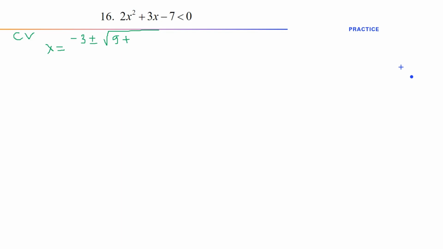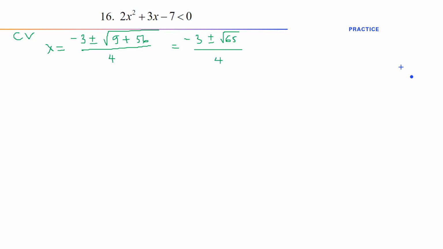So plus 4 times 7 is 28, times 2 is 56, over 2 times 2 is 4. Now we simplify it. Negative 3 plus or minus the square root of 65. 65 is 13 times 5, so we just leave it as it is.